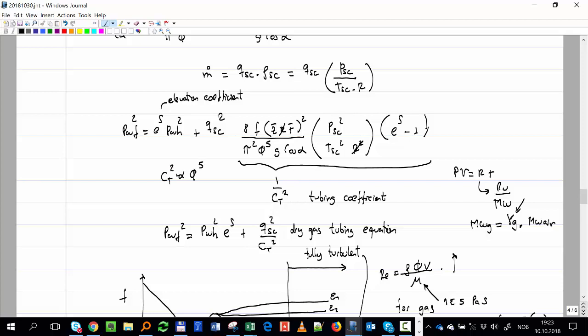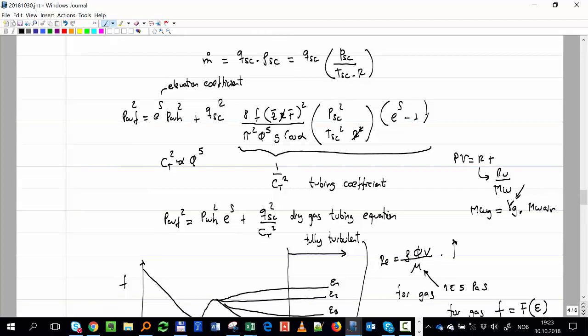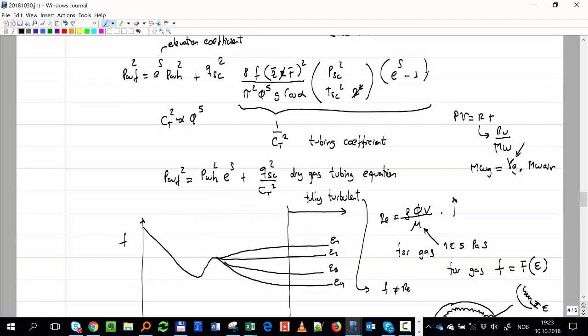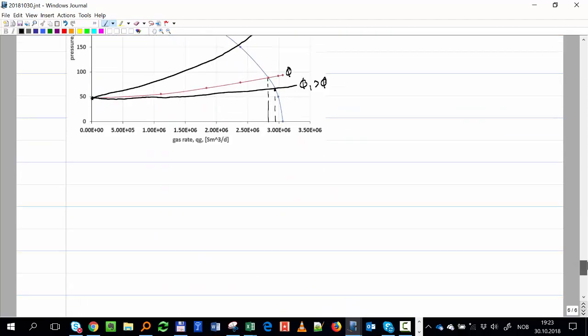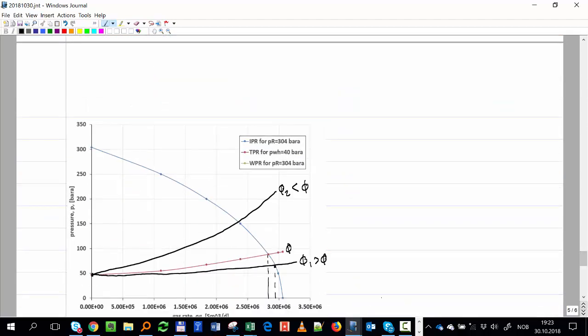So every time I increase the diameter, CT is going to increase. Every time I decrease it, CT decreases. A very big tubing that has no problems to flow has a big CT. A small tubing where you have a lot of restriction to flow usually has a small CT. And you can just try it in your example.